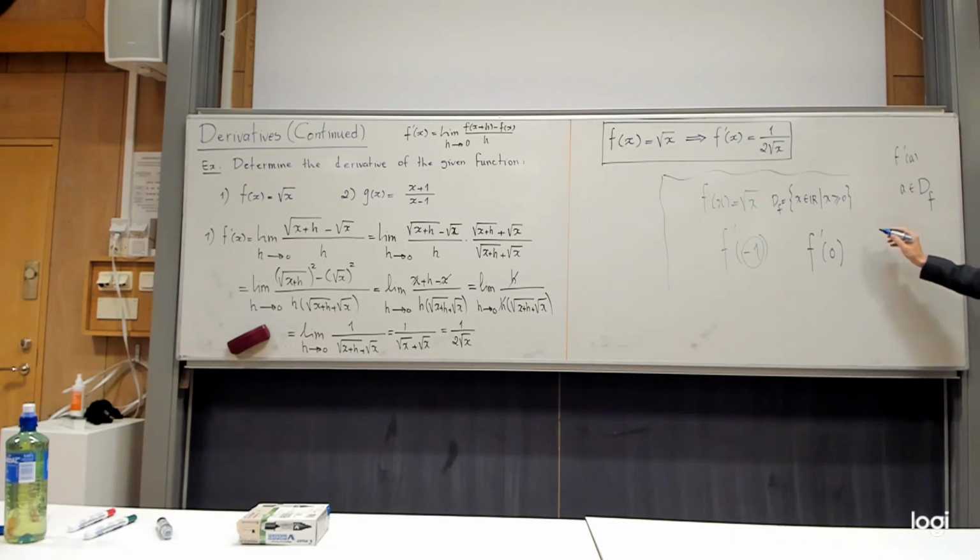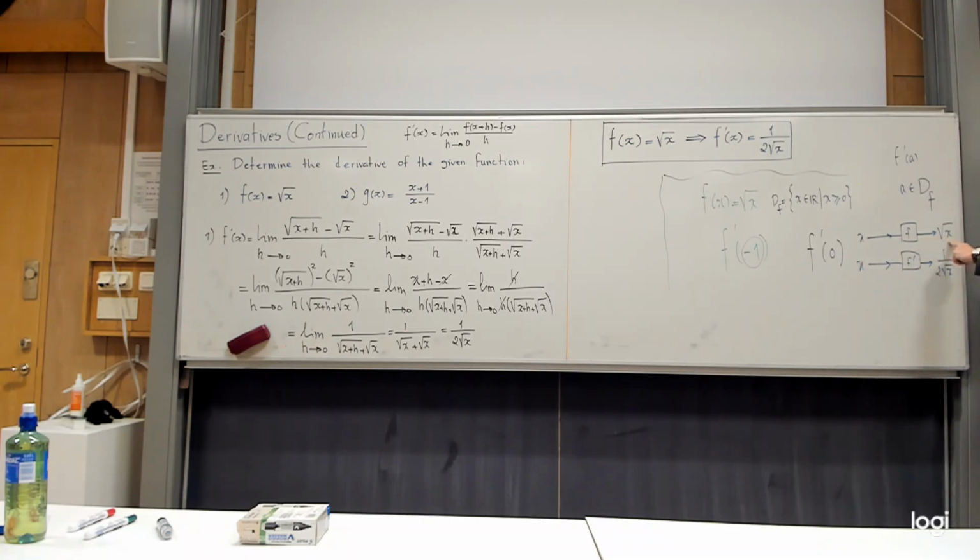so let me just draw the diagram for you. The f function, you send x in, what you get out is a square root of x. For the derivative, what you send in is x, what you get out is this one. Yes? So you see, am I allowed to send 0 here?